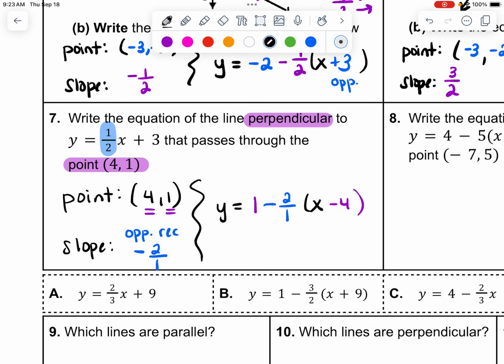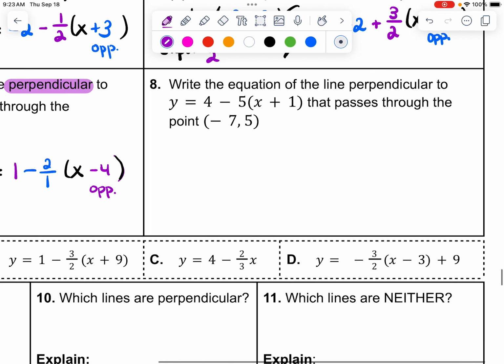Remember, that number is always the opposite of the one that you started with. Again, I didn't use the same slope here. I used the opposite reciprocal because I wanted my lines to be perpendicular.